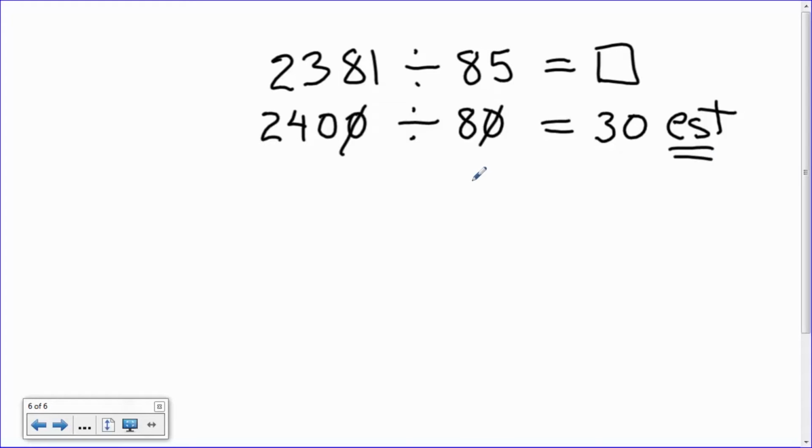Instead of making that an 80, let's suppose I chose to make it a 90. If I make it a 90, I want to pick a number that's close to 2,381 that's divisible by 90. And it could be as little as 1,800 or as big as 2,700.